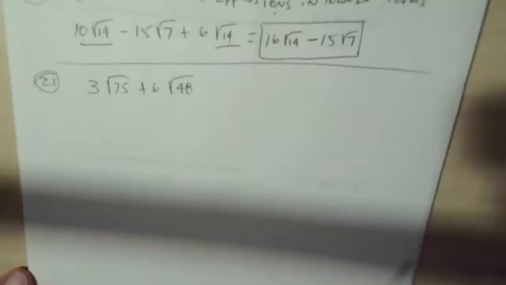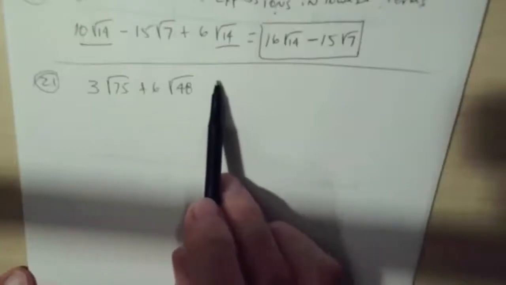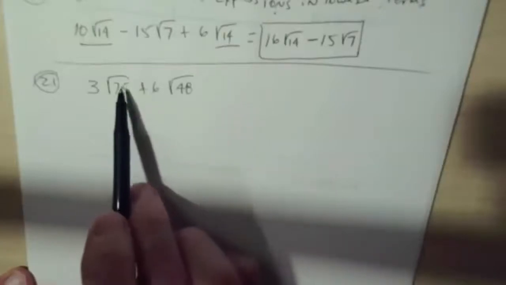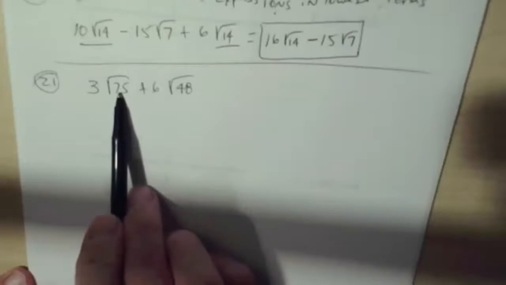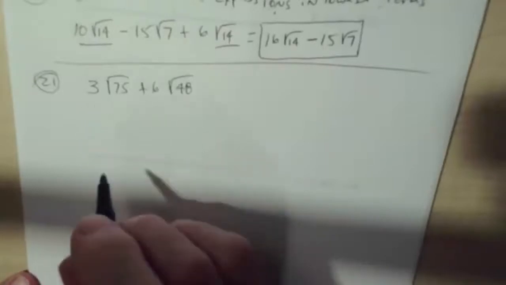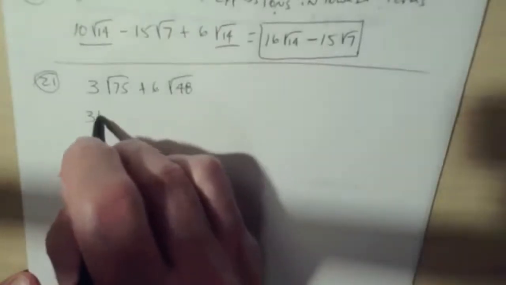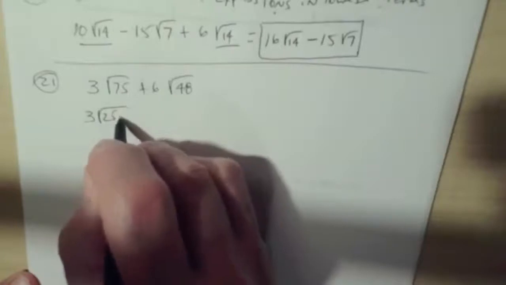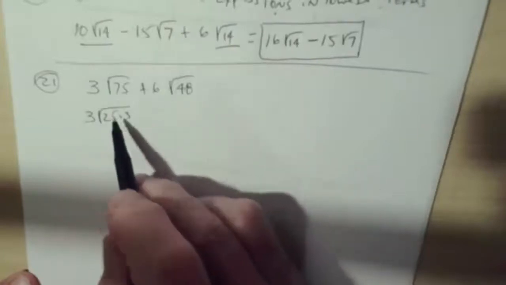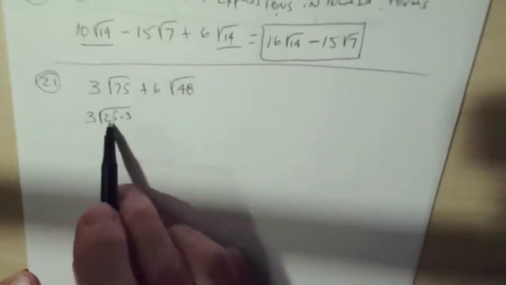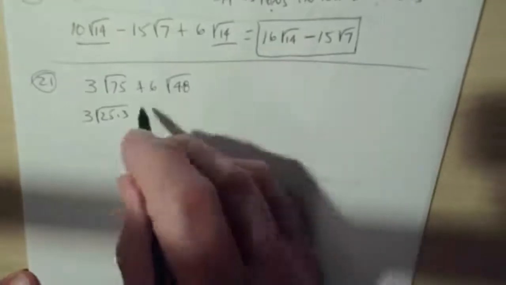Again, we want to combine radical expressions in the lowest terms. Now, what we need to do is factor the 75 into two numbers where one of the factors is a perfect square. 25 times 3 is 75, and 25 is a perfect square, so we can do that.